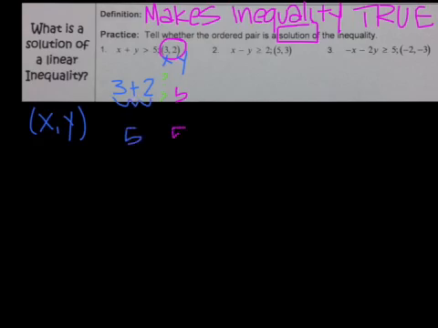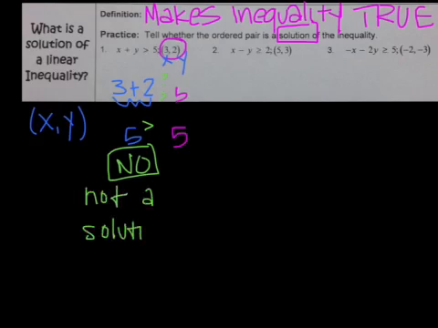And over here I've got 5. We're testing to see, is 5 greater than itself? No. It is equal to itself. So since it doesn't have the or equal to part, this is not a true statement, so that means it is not a solution. That ordered pair would not be a solution to that given inequality.